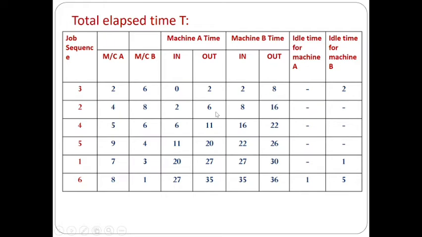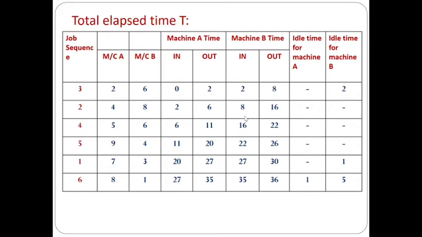And here this job 2 should go to machine B. It is available from 6 minutes, but machine B is not available until 8 minutes. So even though job 2 is waiting from 6 minutes, it should wait until 8 minutes to start the processing on machine B, right?